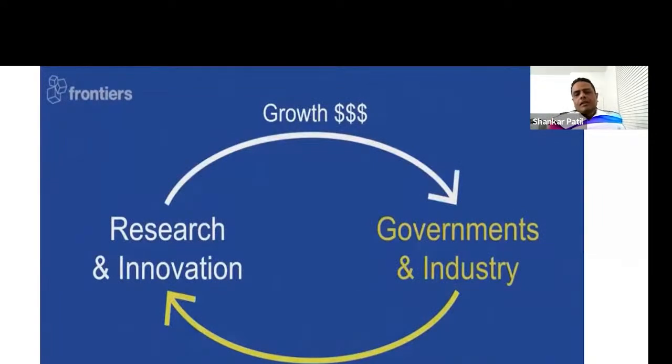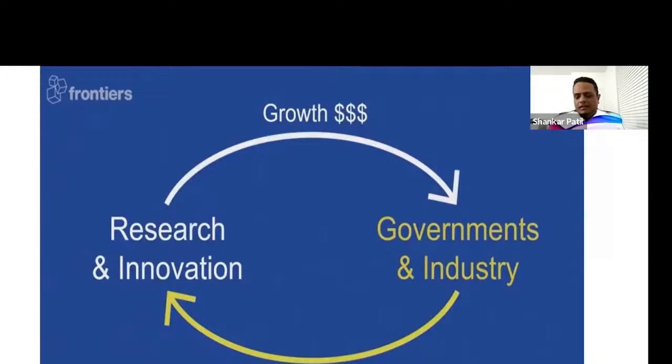For any country to grow, the government and industry has to fund research and innovation. Research and innovation driven countries are progressing a lot, and the countries which invest money into research and innovation see growth, and because of that growth, the government and industry can again fund.